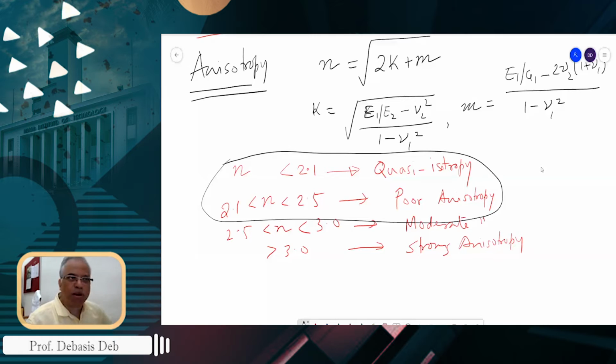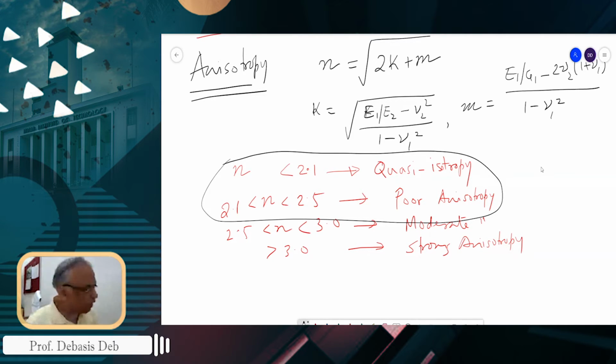I normally also assume up to a certain anisotropy I consider as isotropy. So if it is less than 2.5, then pretty much we can directly use whatever isotropy equations. And if it is above 2.5, then we have to use the transverse isotropy equations. We can no longer assume that this is true in all directions, so we change it.